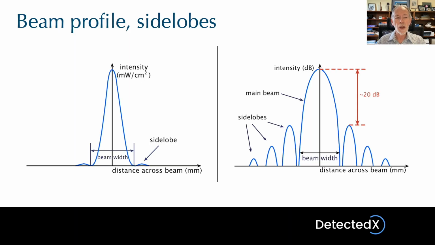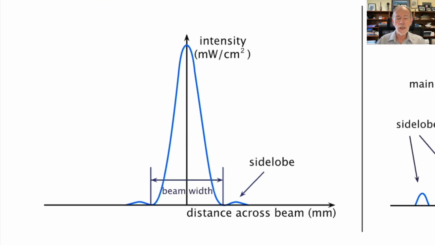Here we have a graph of the beam profile, which means a graph of the distribution of ultrasound intensity across the beam at one particular depth, for example at the focal depth. So here on the left we can see that the intensity is maximum in the center of the beam and it falls to zero at the edges of the beam.